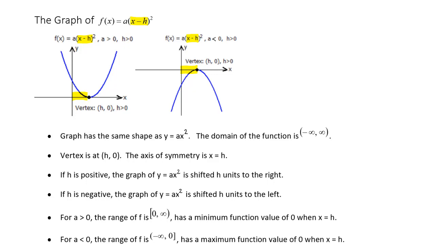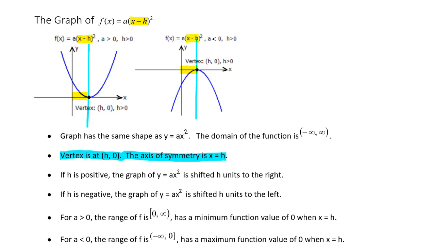So then our vertex becomes (h, 0), and our axis of symmetry slices right through the value of h. This is what it means when the vertex is at (h, 0) and the axis of symmetry is x equals h.